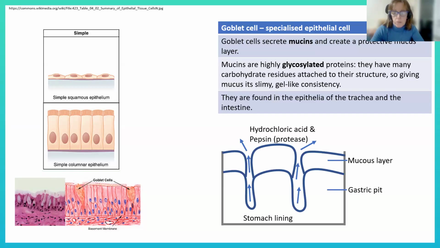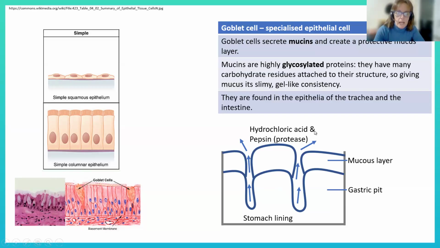And they're also quite important in the stomach. So in the stomach, we have stomach lining. You can see this bottom layer here. And we have a mucus layer over the top. And we've got these things called gastric pits, and they secrete some really nasty stuff, hydrochloric acid, which is very acidic.